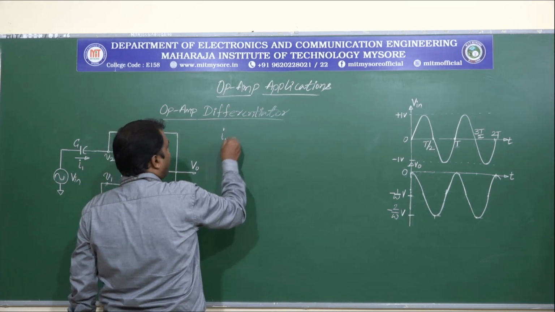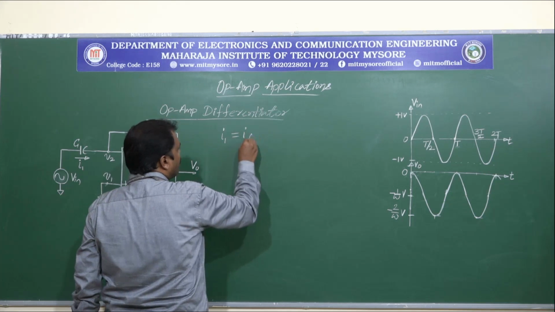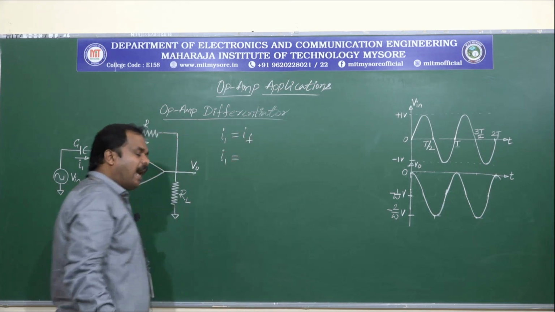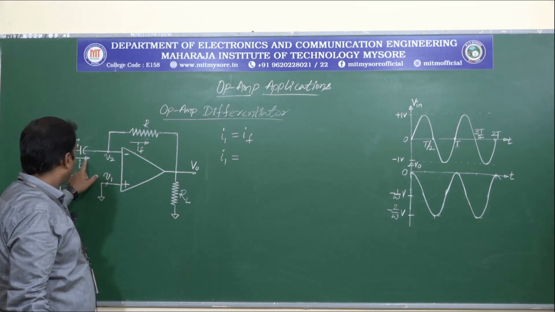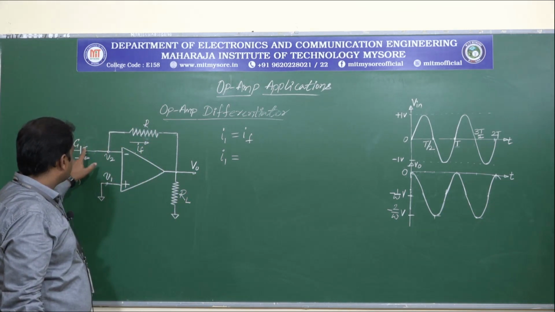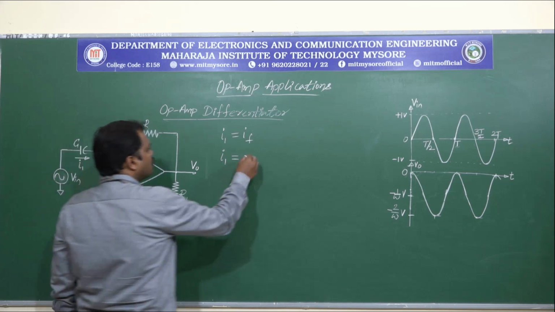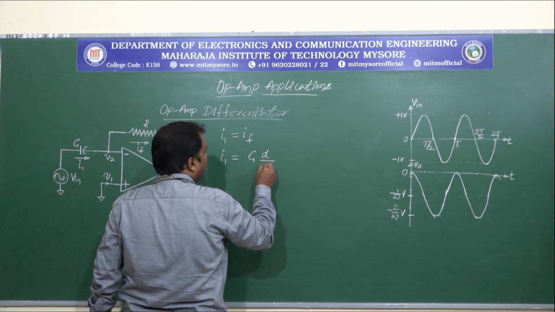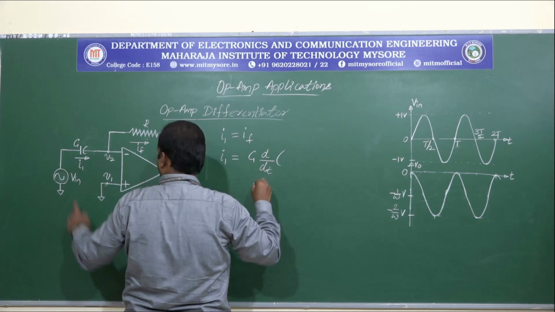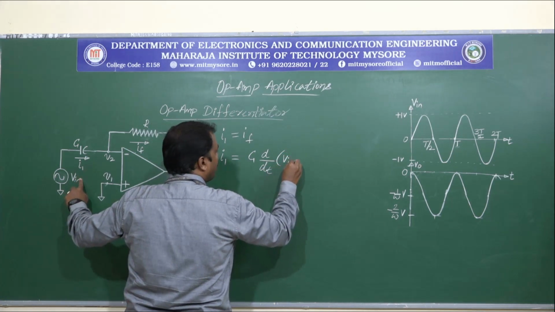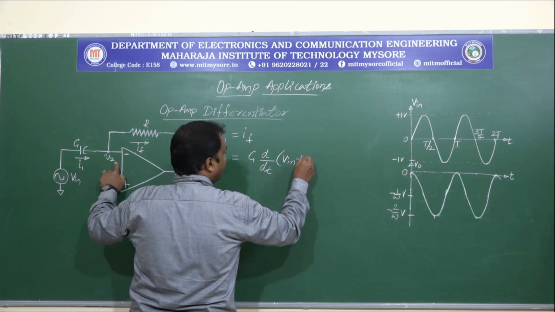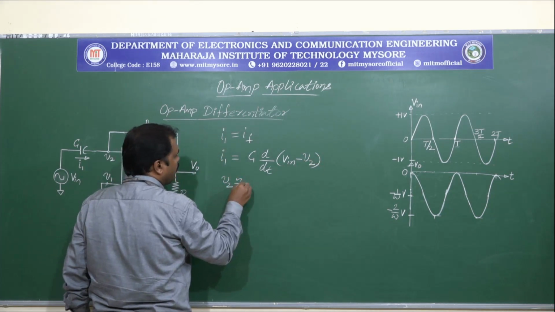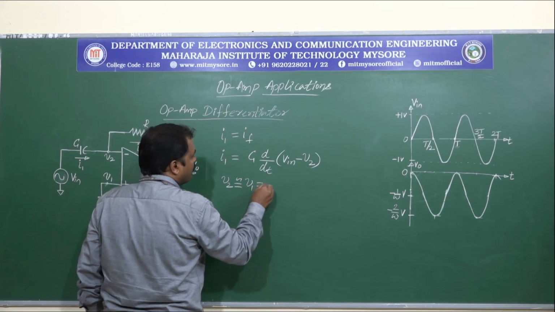So let us write I1 is equal to IF, and write the expression for I1. This I1 is charging this capacitor C, so this can be written as C into d by dt of (Vin minus V2), and we know V2 is virtually connected to V1.